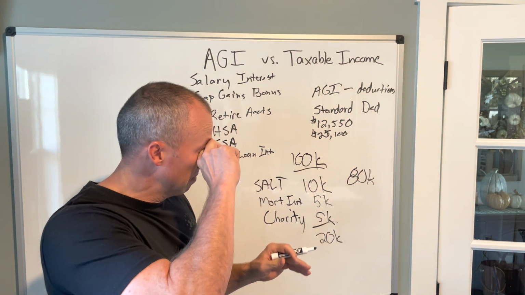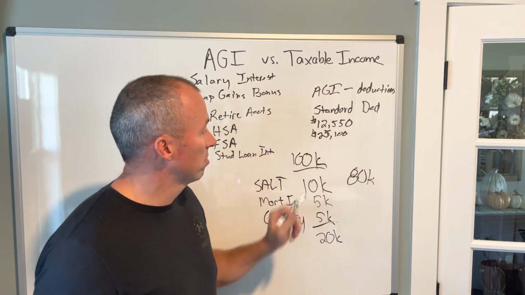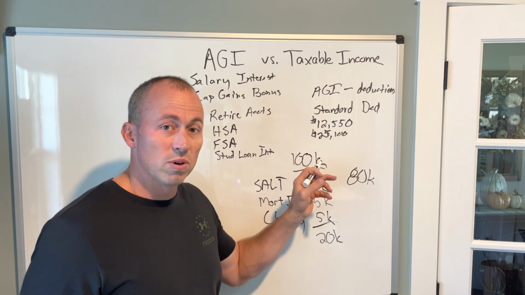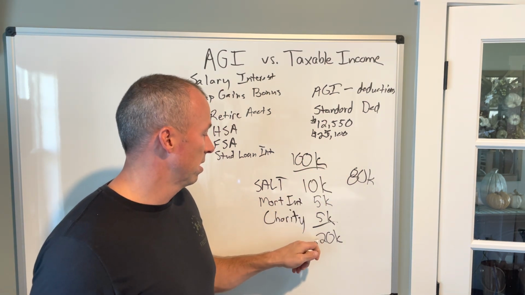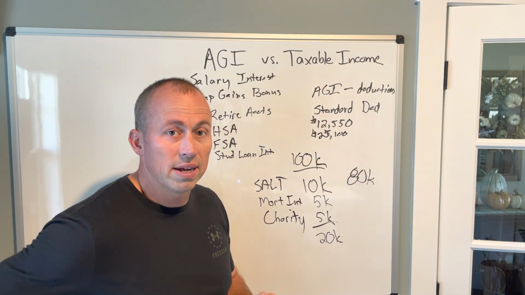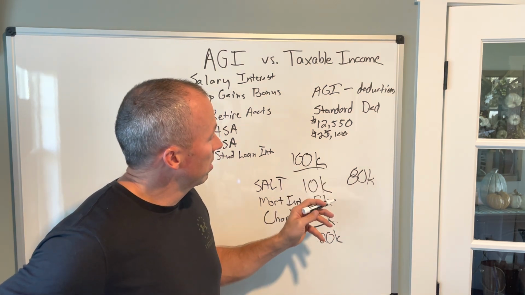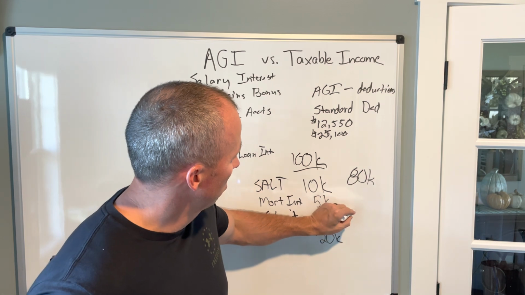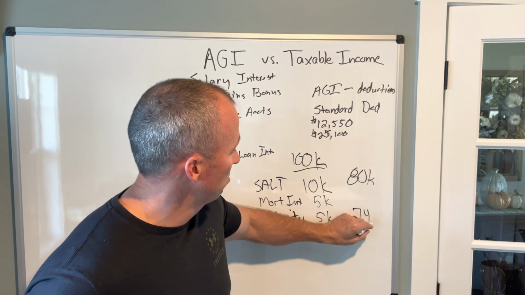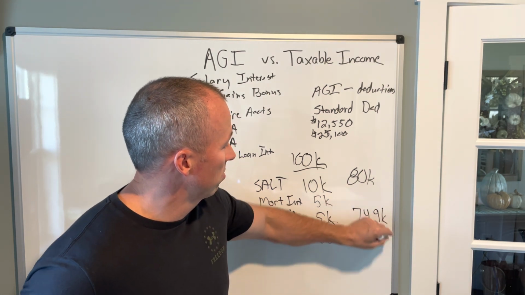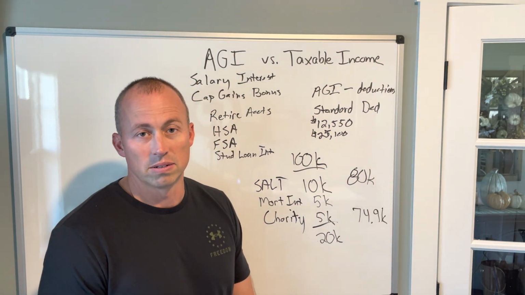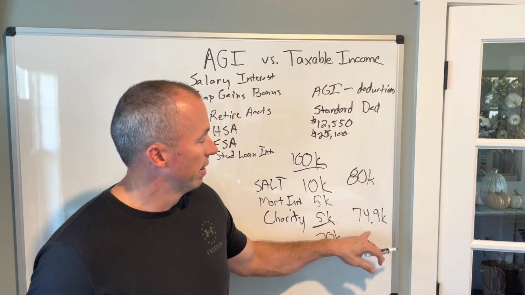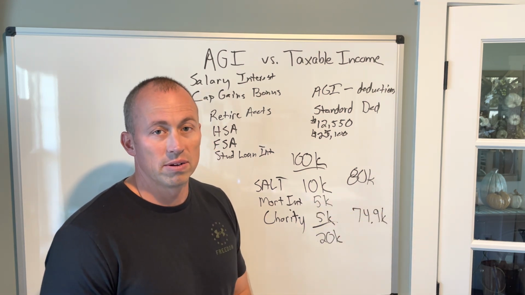But if this is a married couple with 100,000 of AGI, the standard deduction of $25,100 is larger than the itemized deductions of $20,000. So that married couple is going to take the standard deduction of $25,100 and get a taxable income of $74,900.